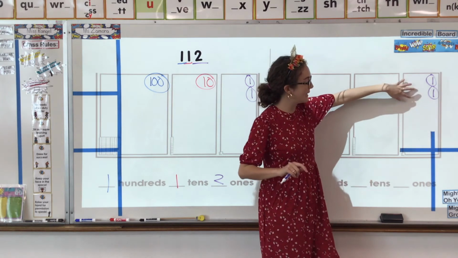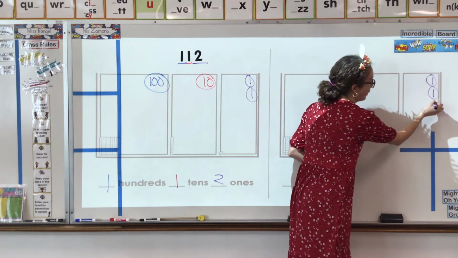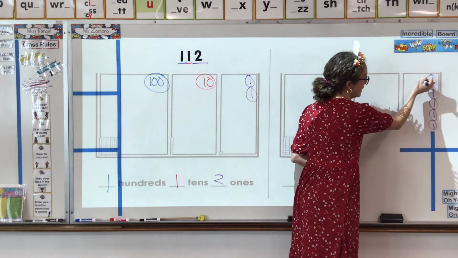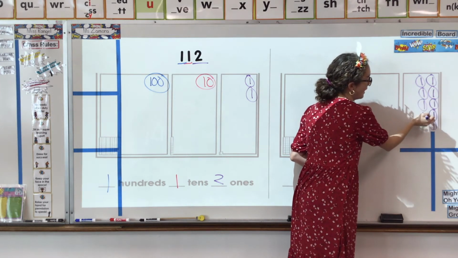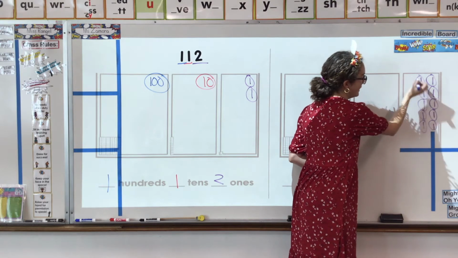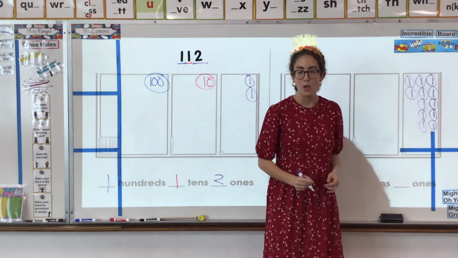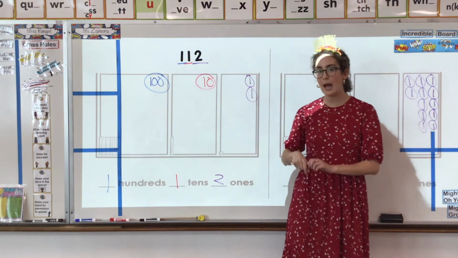So let's go ahead. Can we draw 10 more ones? Here we go. 1, 2, 3, 4, 5, 6, 7, 8, 9, 10. So we added all the 10 ones into that ones place.